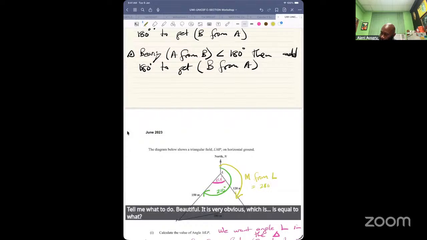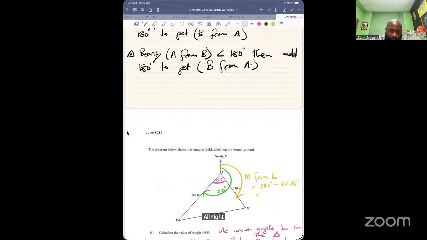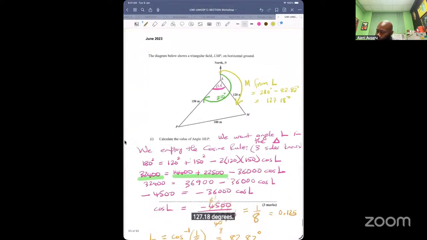210 degrees minus the 82.8, which is 127.18. So that's 127.18, as you said correctly. 127.18 degrees. Lovely stuff.